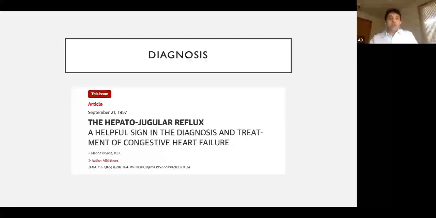And this is an important one that I need you to know about. I'm more than happy to send the article to whoever is interested. This article is in JAMA and about the value of the hepatojugular reflex. It was published in the year 1957.